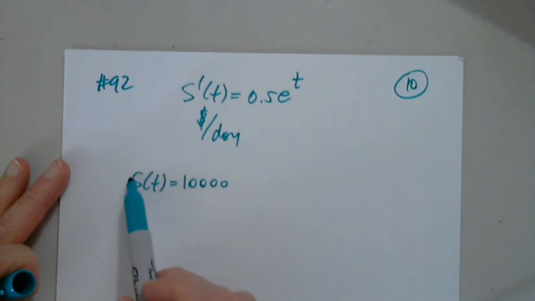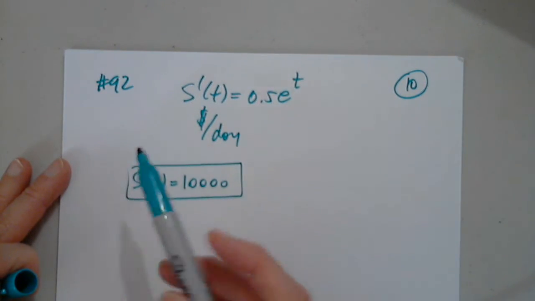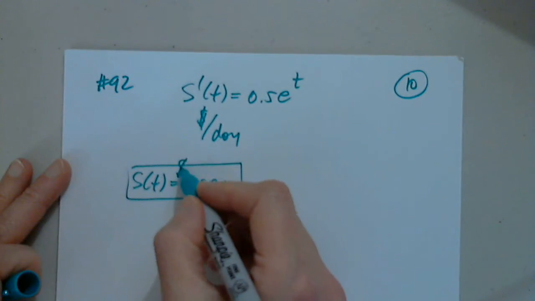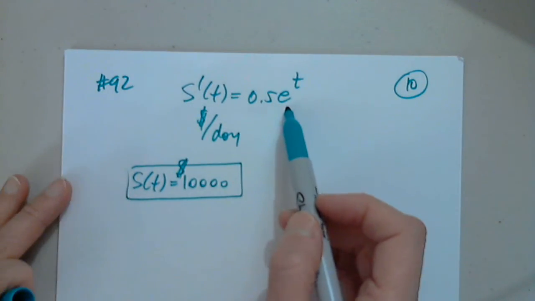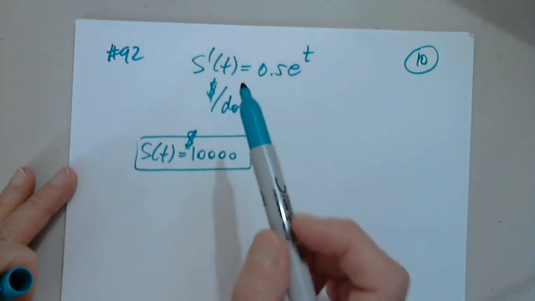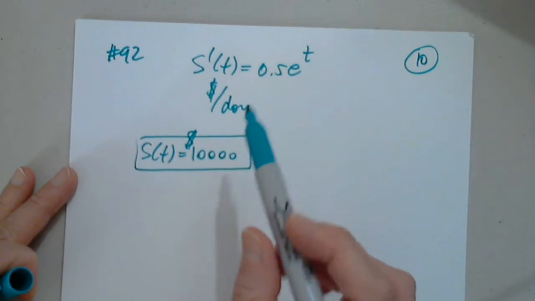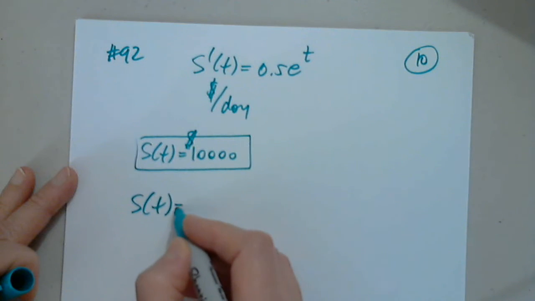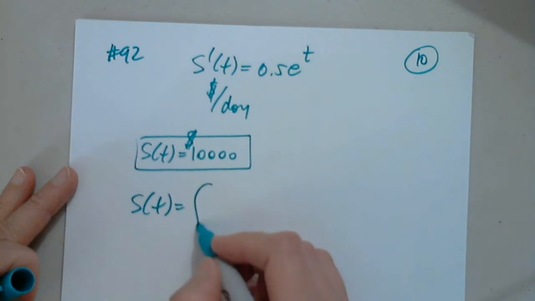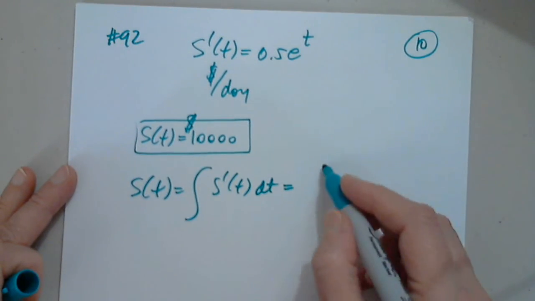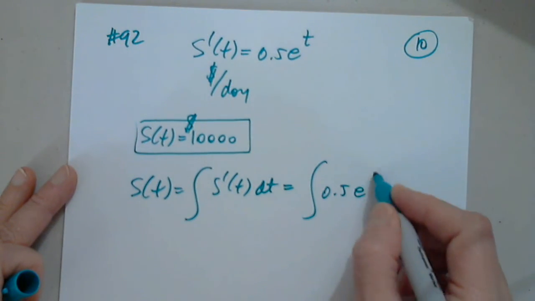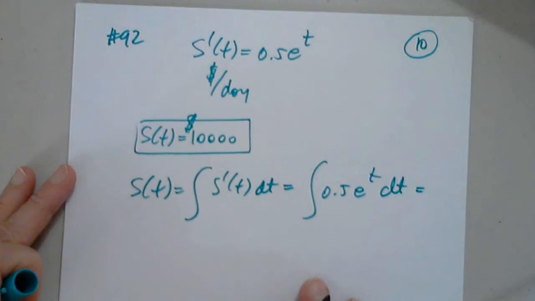First of all, we do not have this function. We do have the rate of change of that, but we can determine the function. So S of t is basically the integral of S prime of t dt, which is the integral of 0.5 e to the t dt.